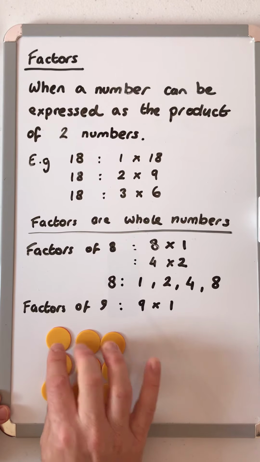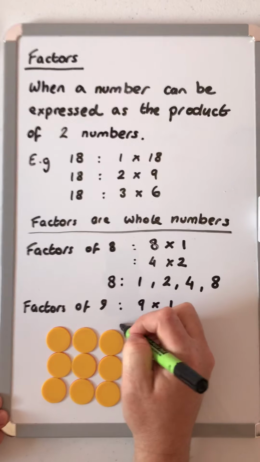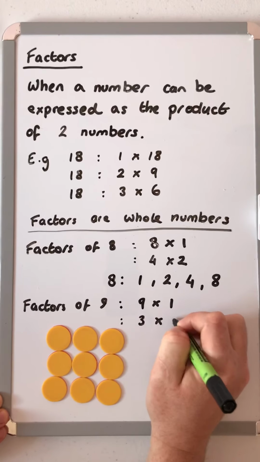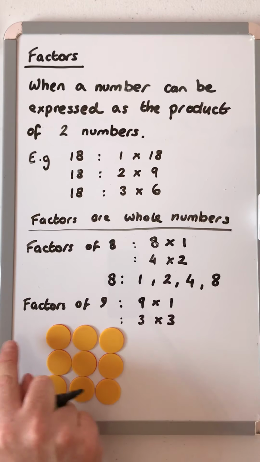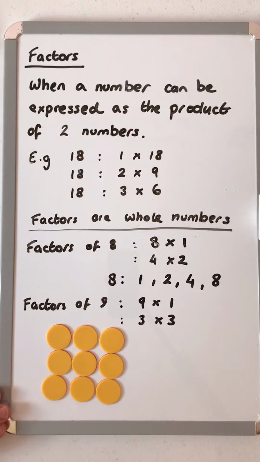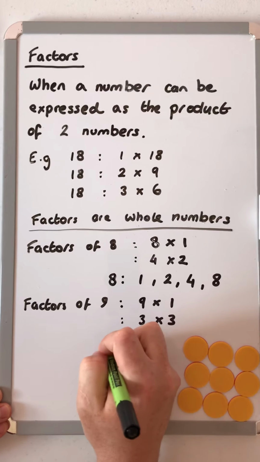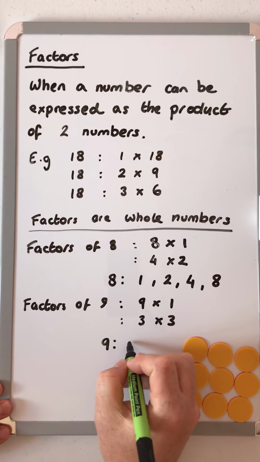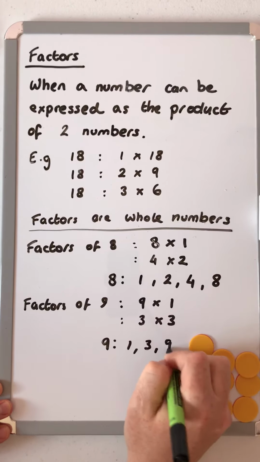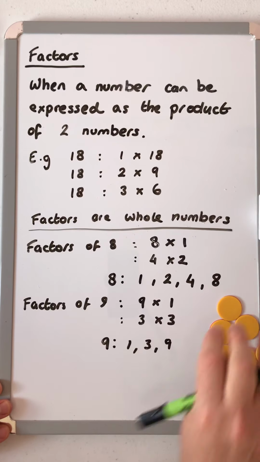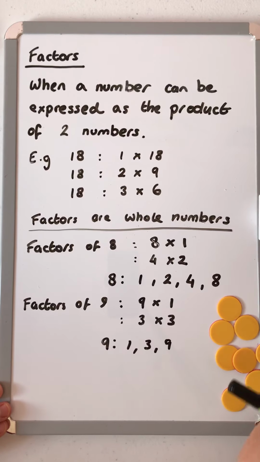A square? A 3 by 3? What does that then tell us? If 9 can be represented by a square, then 9 is also a square number. So the factors of 9 are 1, 3 and 9. Again, we wouldn't duplicate the 3 there.